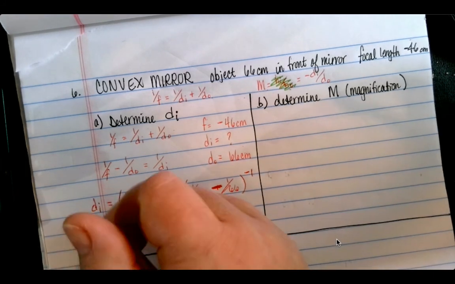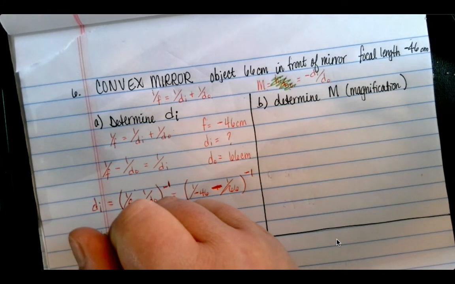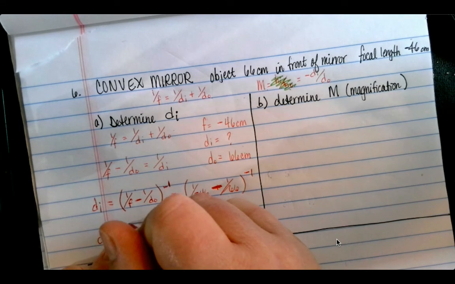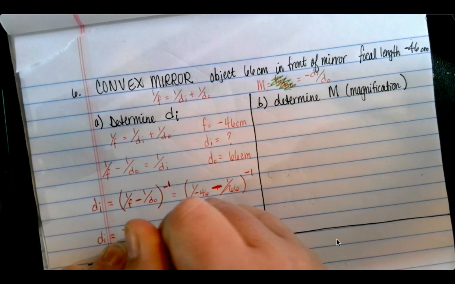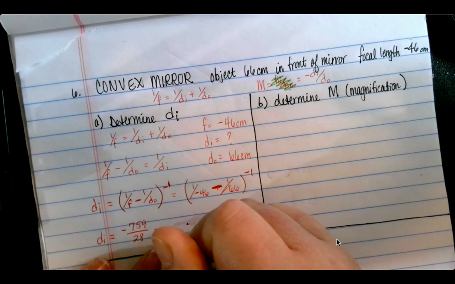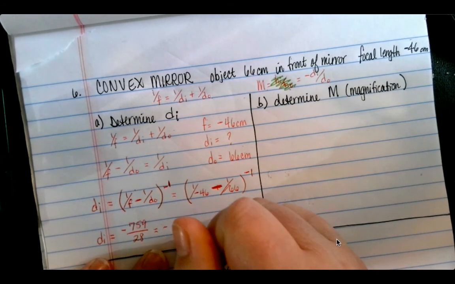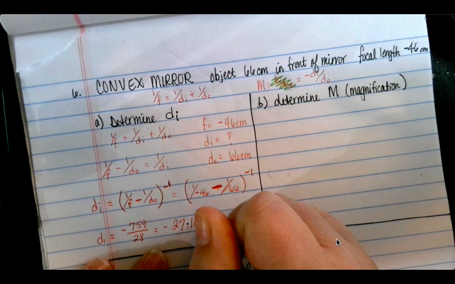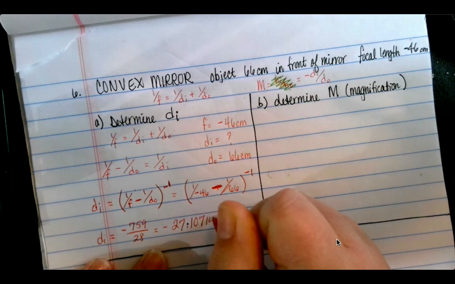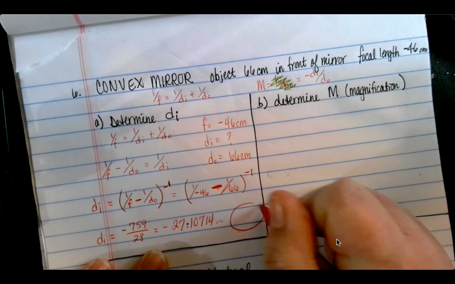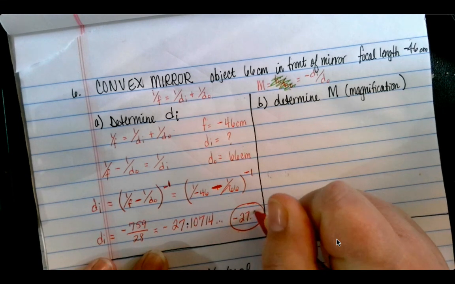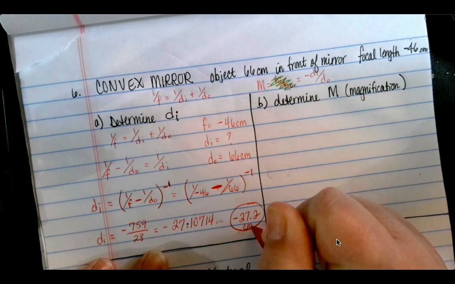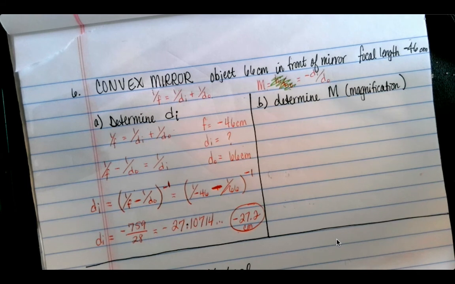And so my di turns out to be negative 759 over 28, which is equal to negative 27.10714, on and on, or my final answer, negative 27.1 centimeters. Okay, done with part A.